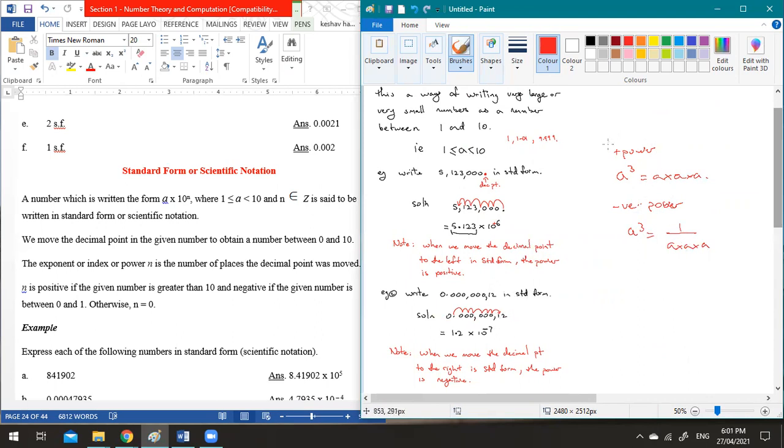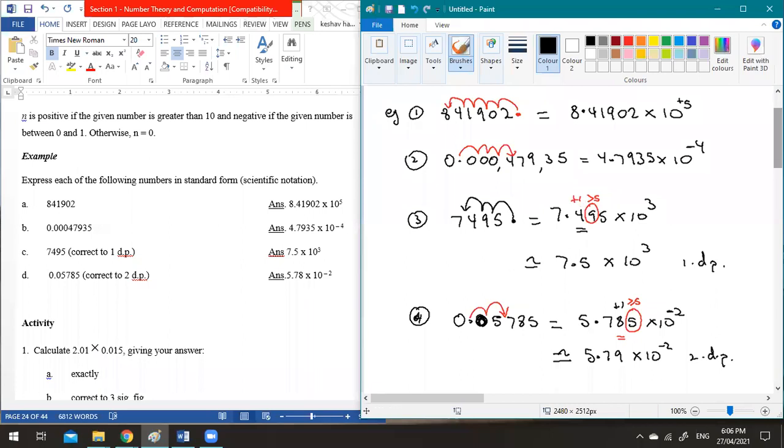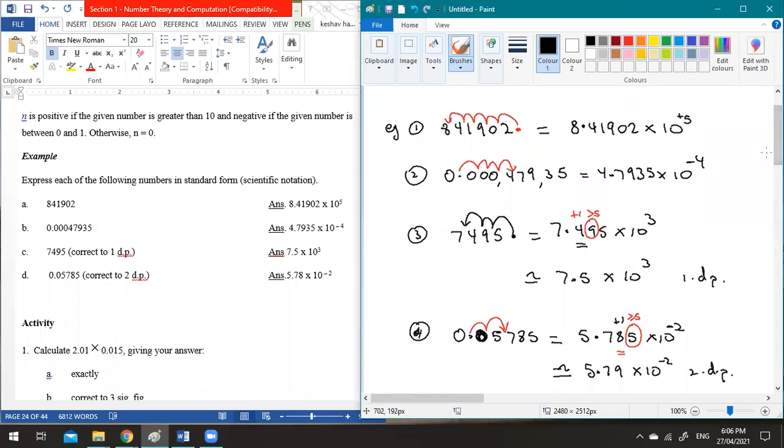We would learn this later on in algebra, but we're not ready for that as yet. So for now, just learn these two rules.